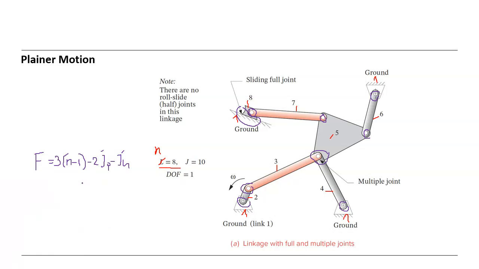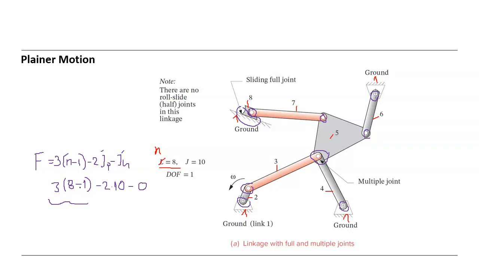8 minus 1, minus 2 times joint 10, and this is 0.